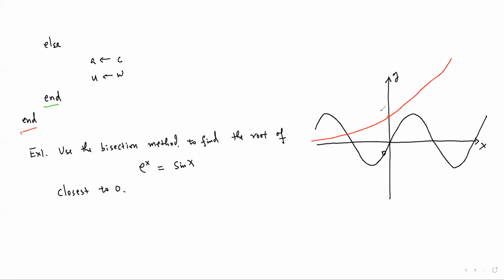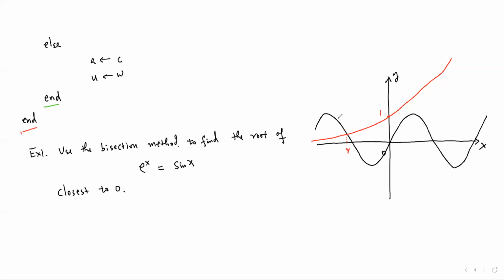This point is 1. From this diagram, we can see the root closest to 0 is this root on the positive x-axis.